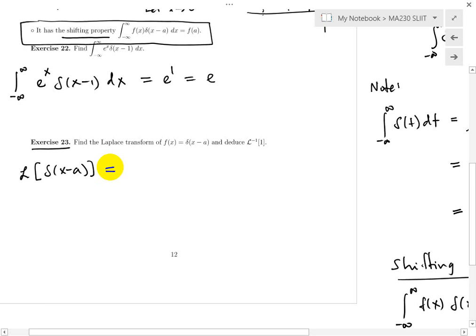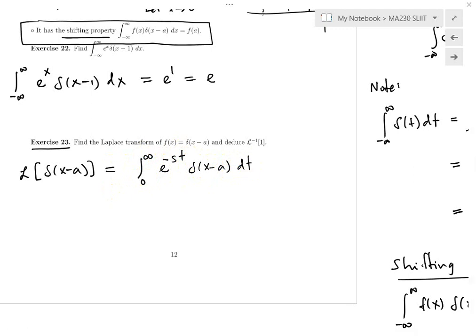Let's assume A is suitably placed. Okay. So integrate from 0 to infinity. What do you do? Exponential minus st, times the delta function, delta x minus a. Now here I wrote t, so maybe I should change this to x.